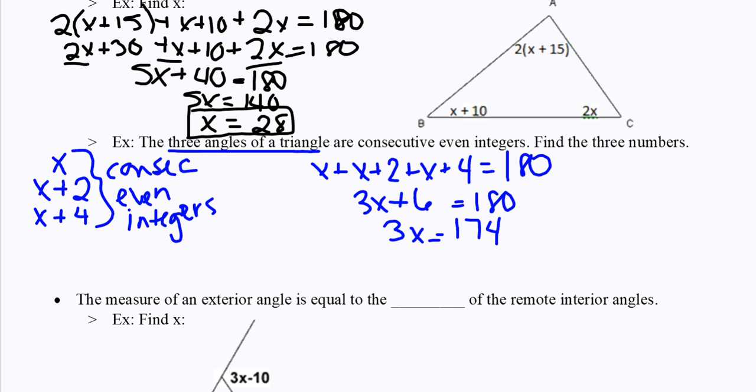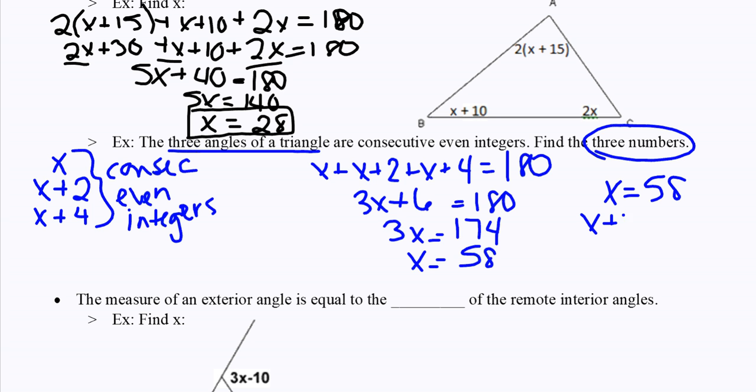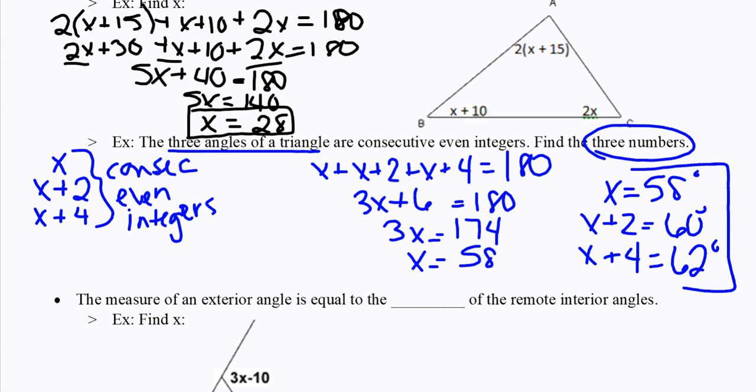And then dividing by 3, that's going to give me x is equal to 58. Now make sure that you're always answering the question, asks for all 3 numbers. So x is 58. I also want x plus 2, which is 60 degrees, and x plus 4, which is going to be 62 degrees. So here are my 3 consecutive even integers that can be the angles of a triangle.